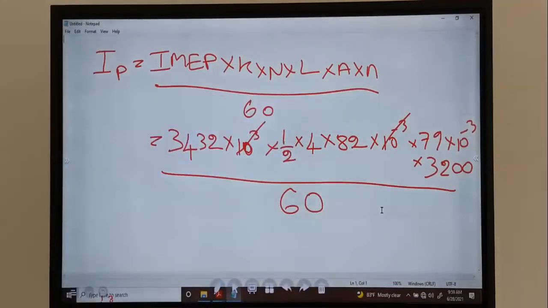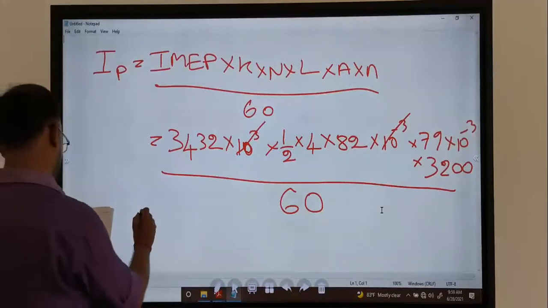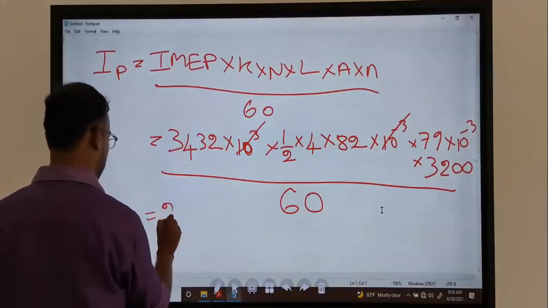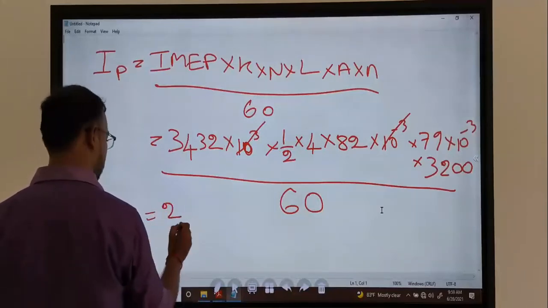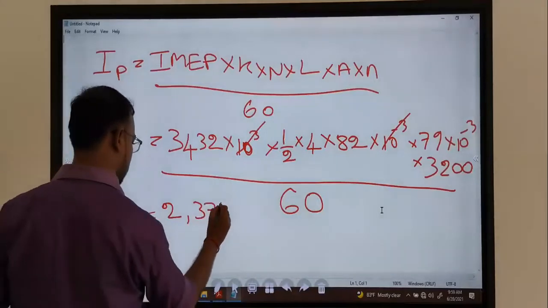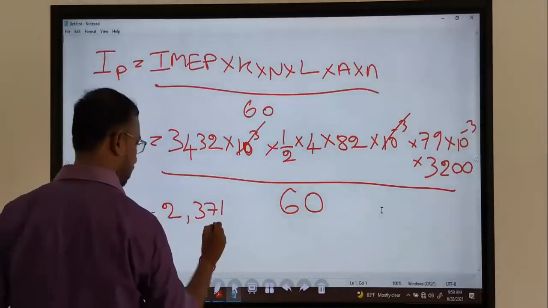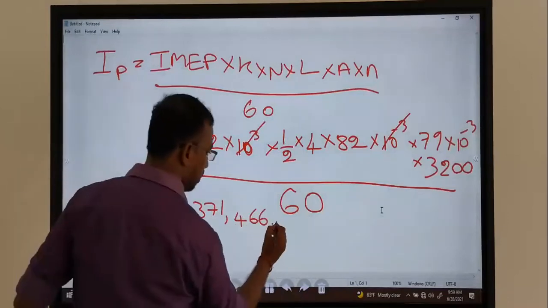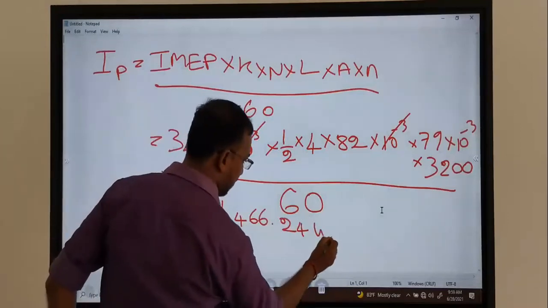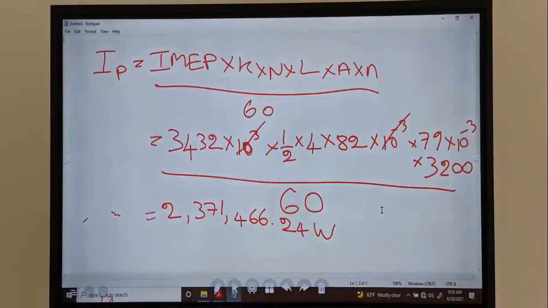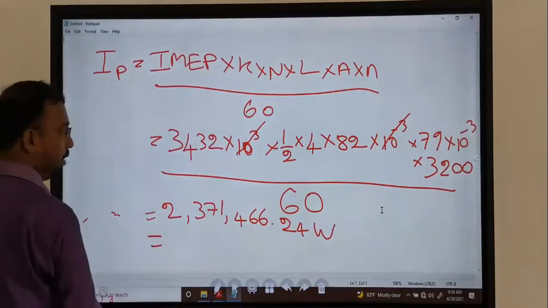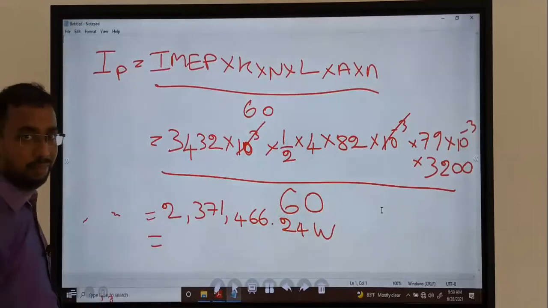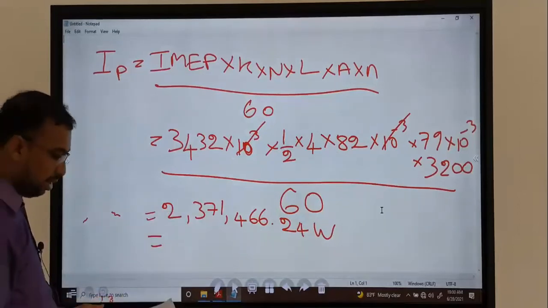So the answer will be 24 watt, this is watt. I already told we have to give the answer in kilowatt.